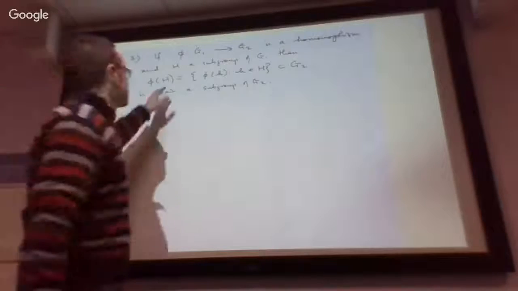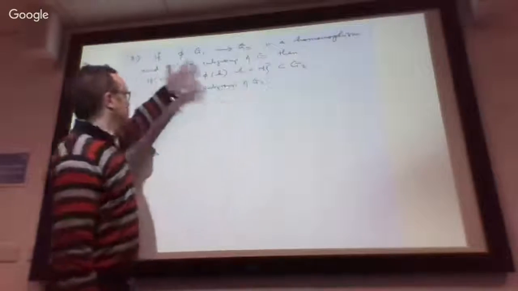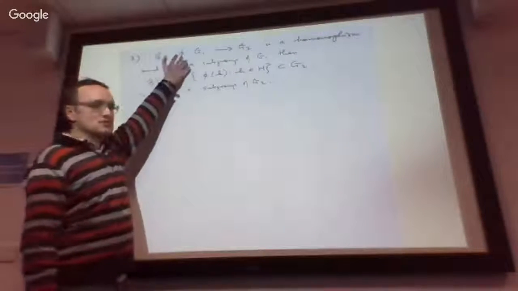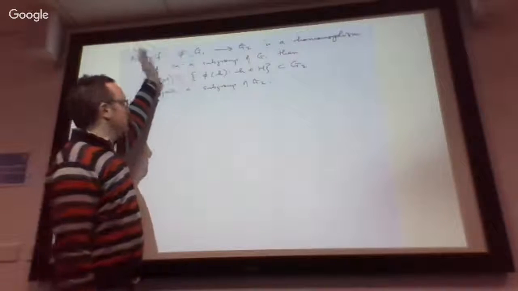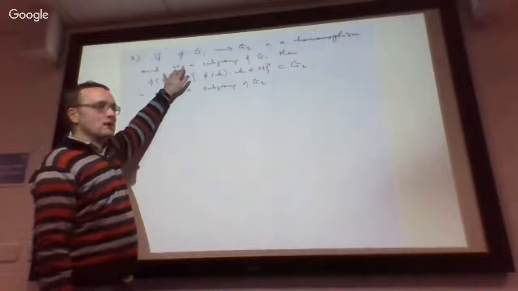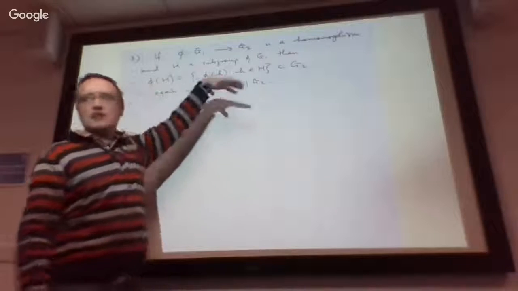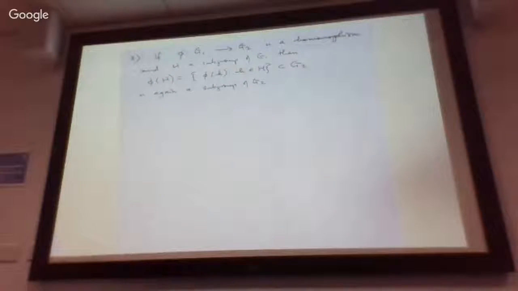How should we prove that? Well, we just have to prove that that set phi of H is a subgroup of G2, and anytime we require some kind of subgroup type property, the reason it's going to be true in G2 is going to come from the fact that H is a subgroup in G1. So all the necessary subgroup properties that hold on H get mapped across by phi as well. Okay.